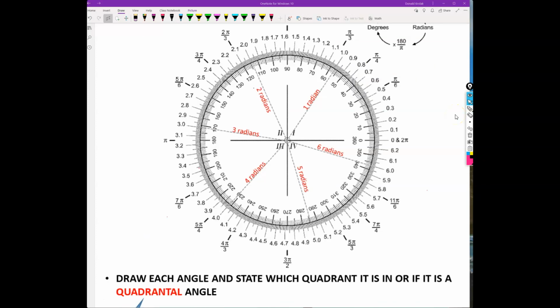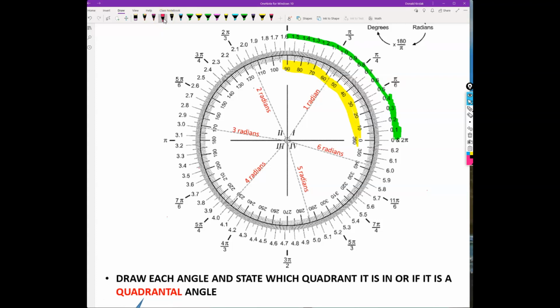So what you're looking at here is a circle that is divided into degrees. The degrees are the numbers that are written on the inside that I'm highlighting in yellow, and our radians are these numbers that are on the outside.